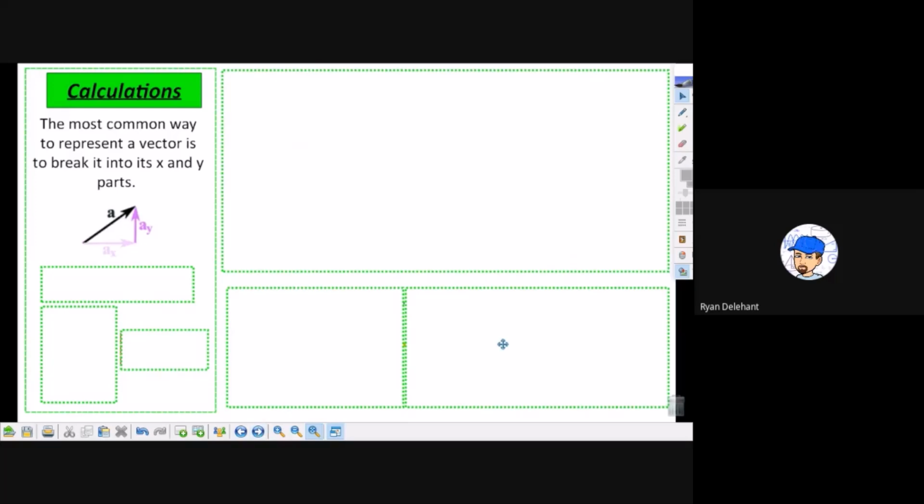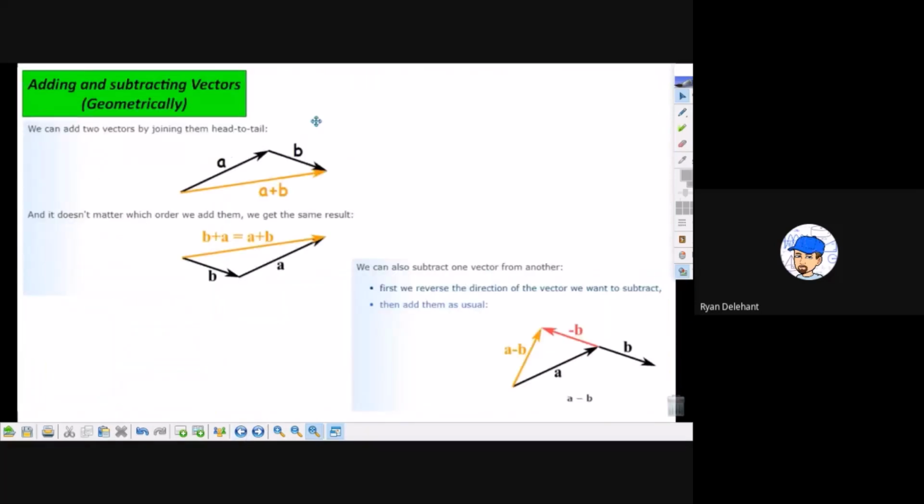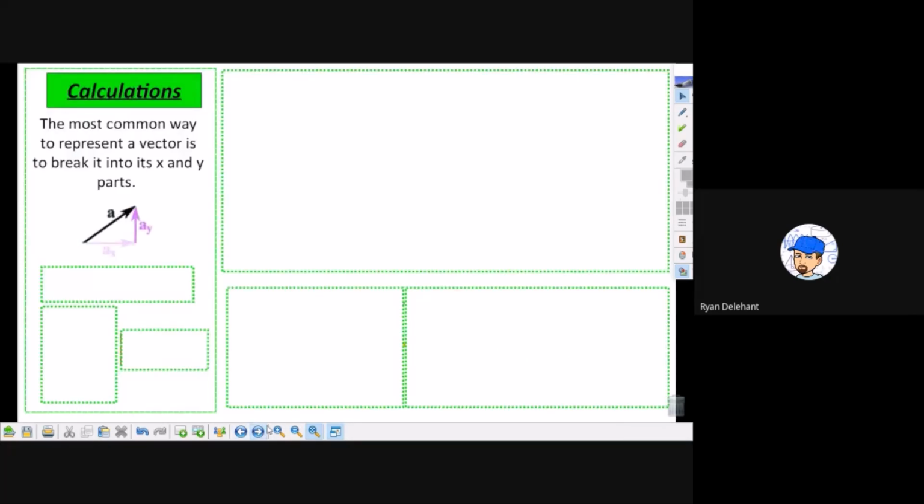Okay, so the most common way to represent a vector is to break it into its X and Y components. So what we're doing is we're taking this line segment, because if you notice, these line segments are just kind of floating out here in oblivion. We're going to take these things and we're going to put them on the coordinate plane because then we can get numbers involved with it and we can do some calculations.